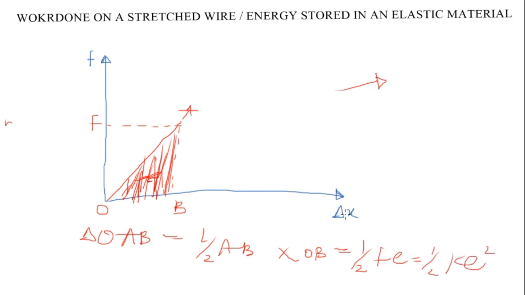In this case, I used delta x, which is the same thing as e. So I think I'll prefer to just go with e. So that e is the same thing as delta x. All right.